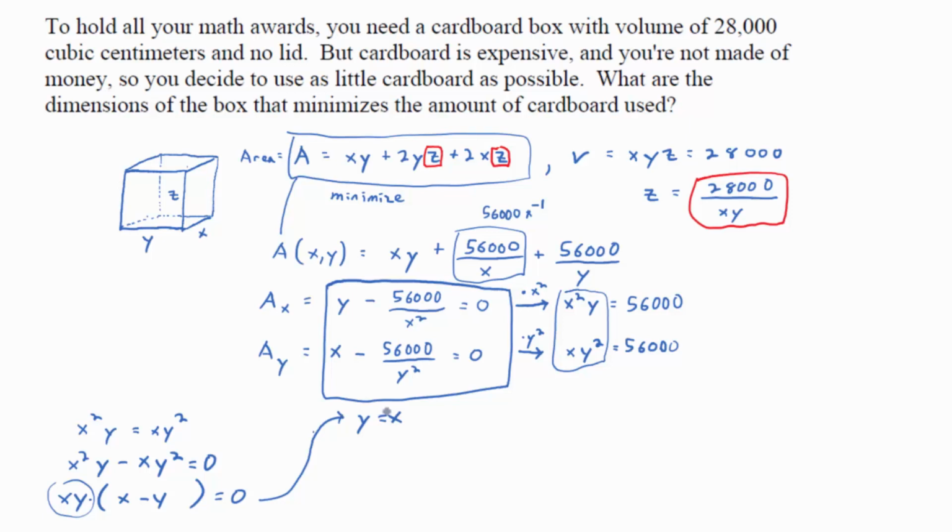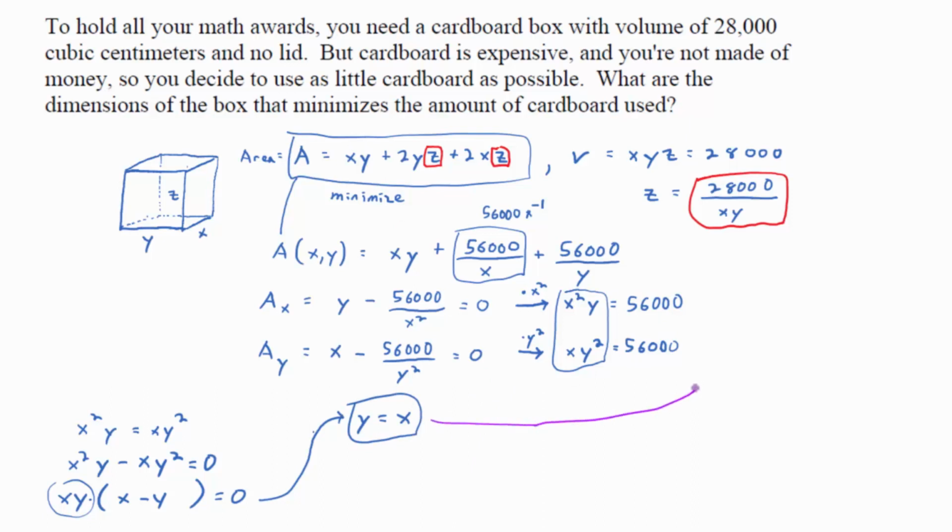Now, y equals x is great, but I need to get some numerical values here. Does anybody see an equation? Actually, there are a couple you could plug back into. So y equals x, and if I want to plug in x for y, I could plug it in right here.